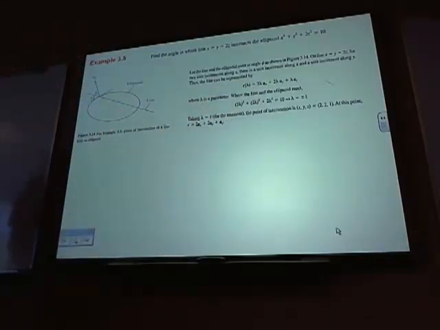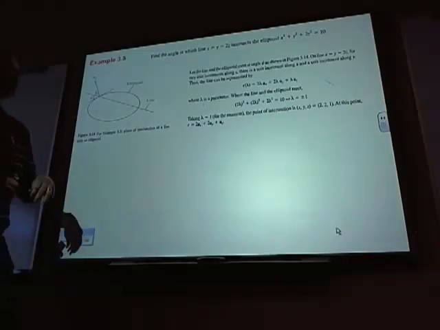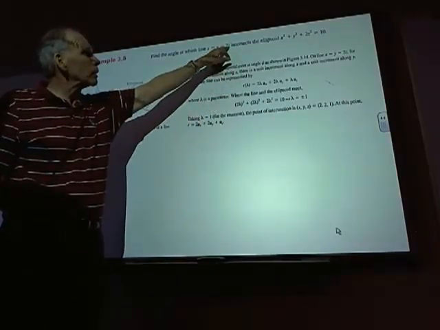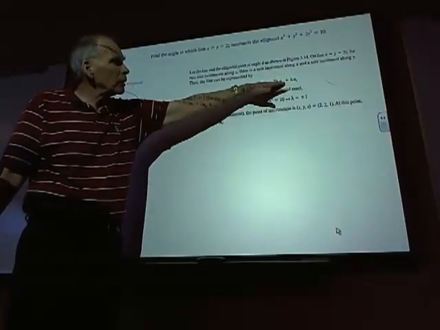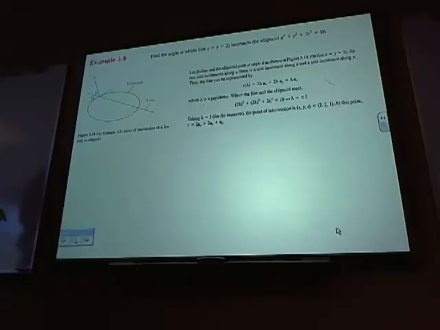So I can write a vector that represents that line by substituting in lambda for z, because I don't really know what it is. And then this would actually represent it. So anywhere along that vector would represent this line.